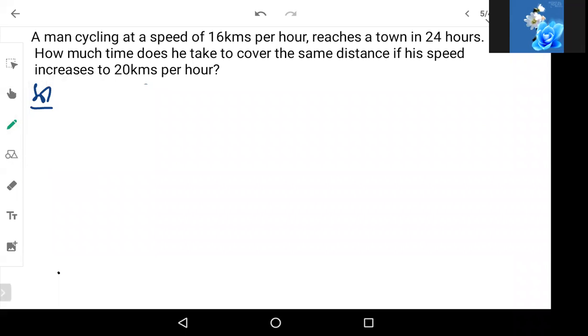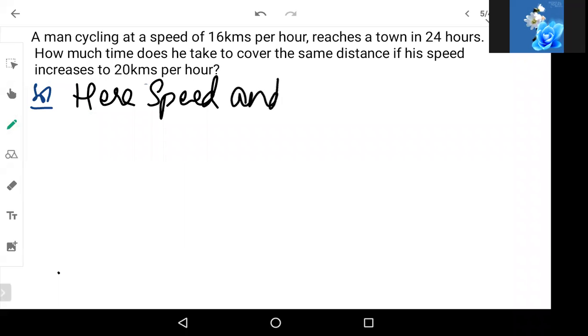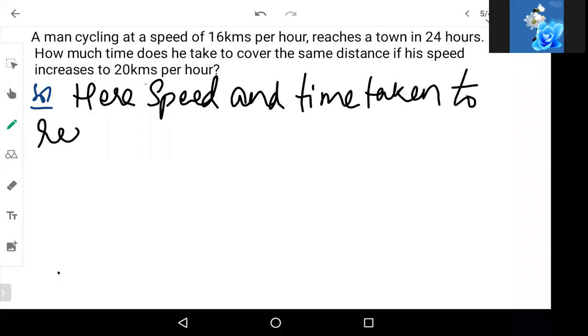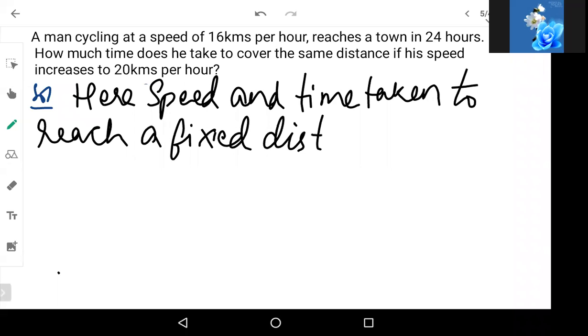So firstly, here speed and time taken to reach a fixed distance is related.